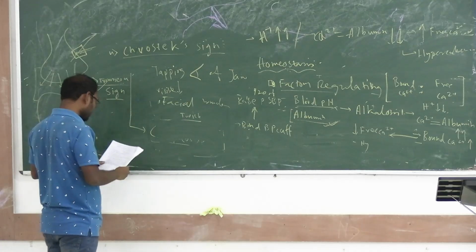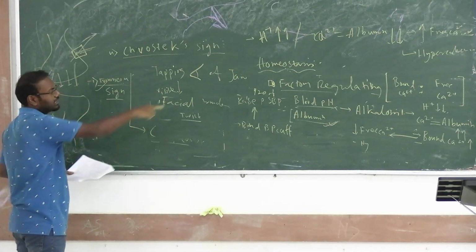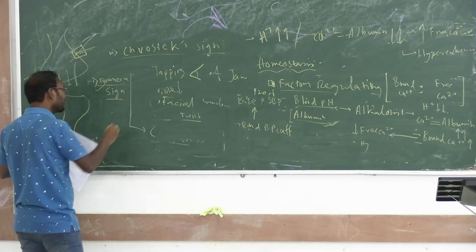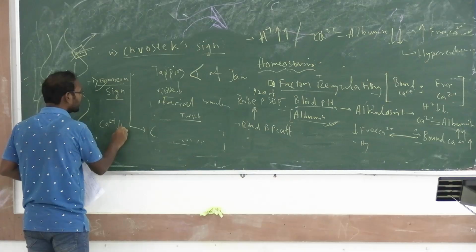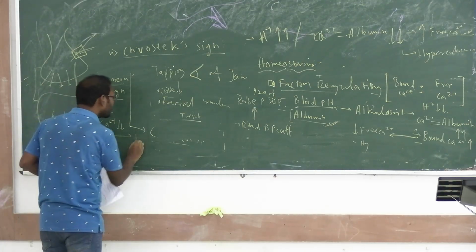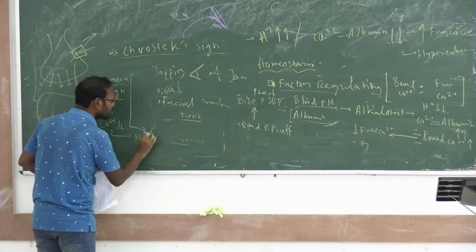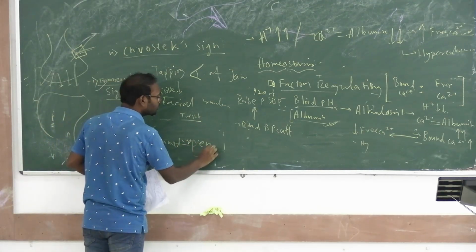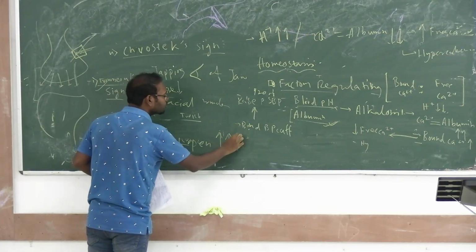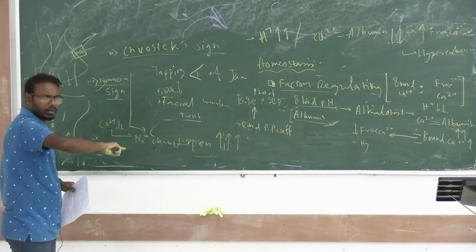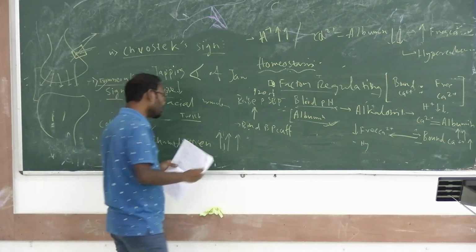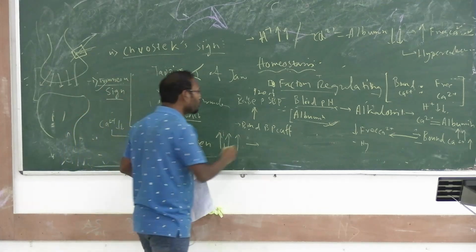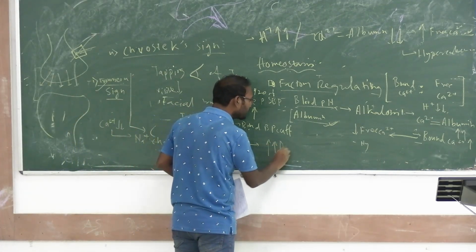Why does it happen? There will be a reason for everything. The cause of the previous one was hypocalcemia, and this one's cause is also that, but the mechanism is, of course, that whenever calcium is very low, to compensate for that, sodium channels will open more frequently. A lot of sodium channels will open, and the more sodium channels open, the more depolarization.